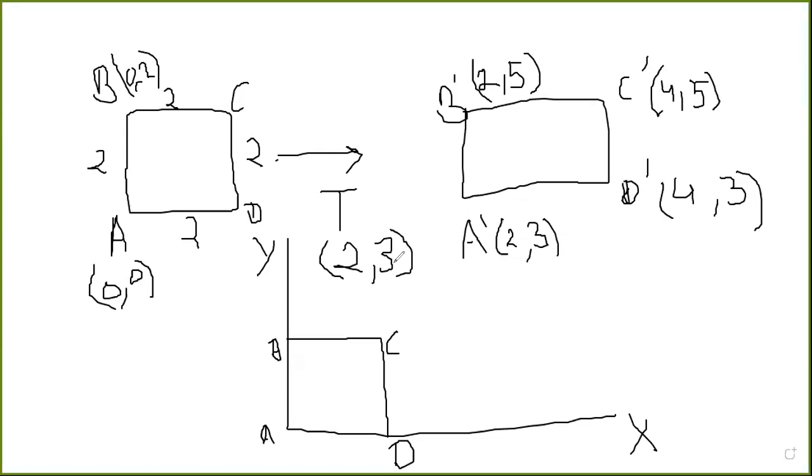You will get 2 comma 5. This operation you have to perform with all the points, because it is a square, it may be a rectangle, it may be any other object. An object is a collection of points, so you have to perform this same operation with all the points.